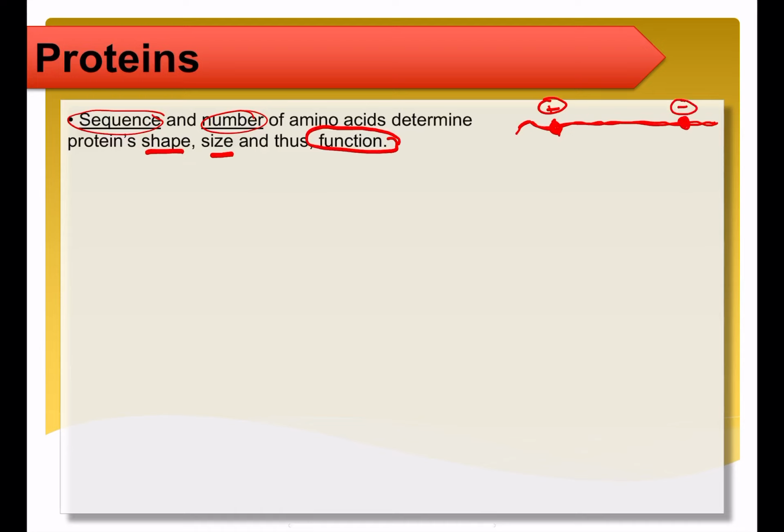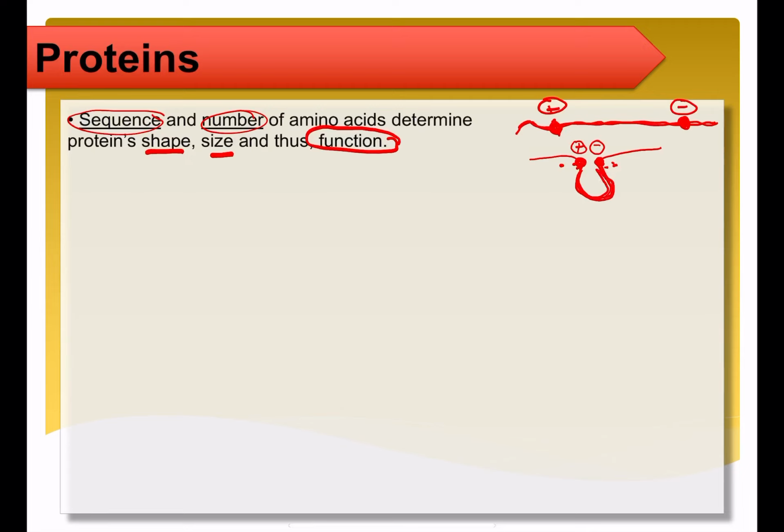Well, we talked about how opposite charges attract each other, so they will tend to come together like this because one is positive charge, one is negative charge. They will form an ionic interaction with each other. And when these 2 amino acids come together, it will also bring in the rest of their amino acid sequence, creating a bend like this in the 3-dimensional shape of the protein.